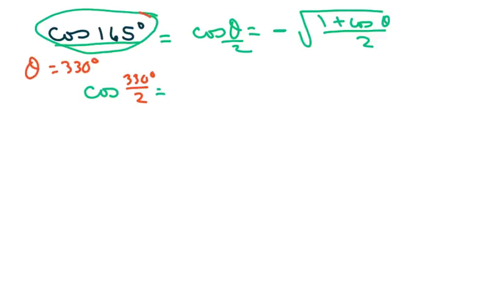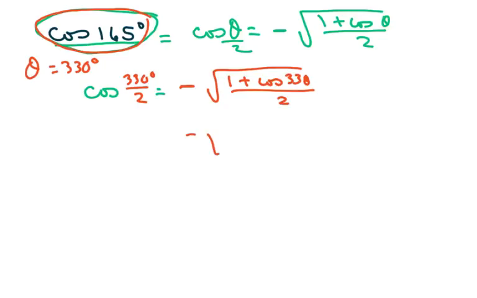We know our answer here has to be negative, so we put the negative in front, and you get 1 plus cosine of 330 degrees over 2. And cosine of 330 is square root of 3 over 2.